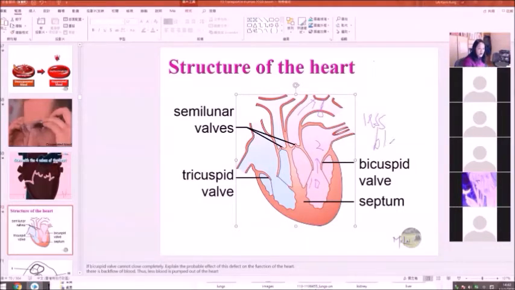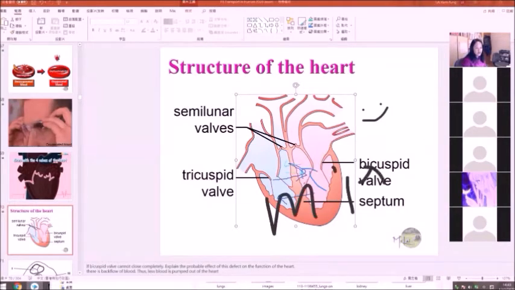How about the other scenario? If there is a hole in this area, in the septum, what happens to the heart? There would be mixing of oxygenated and deoxygenated blood. So what happens to the functioning of the heart, or to the whole body?